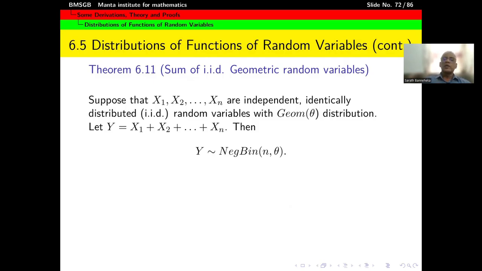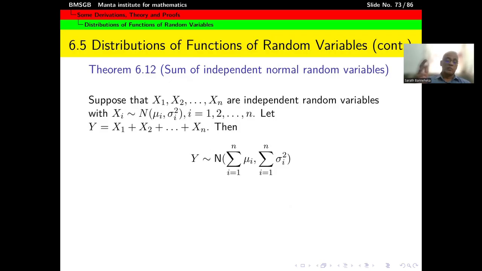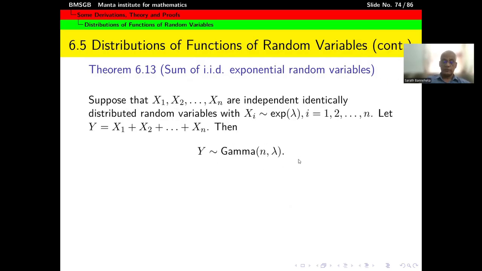Thereby, again, you can identify the value of r and the value of theta in the negative binomial distribution. And by the uniqueness property of the moment generating function, y must then have a negative binomial distribution with the corresponding r and theta. You will see that r has to be n, and theta is the same as the previous probability of success.